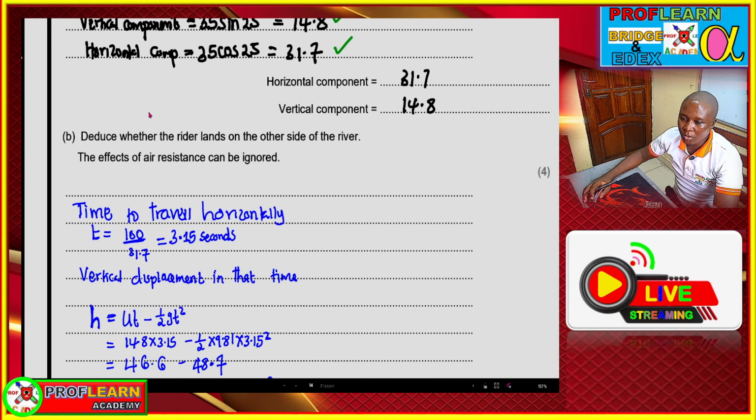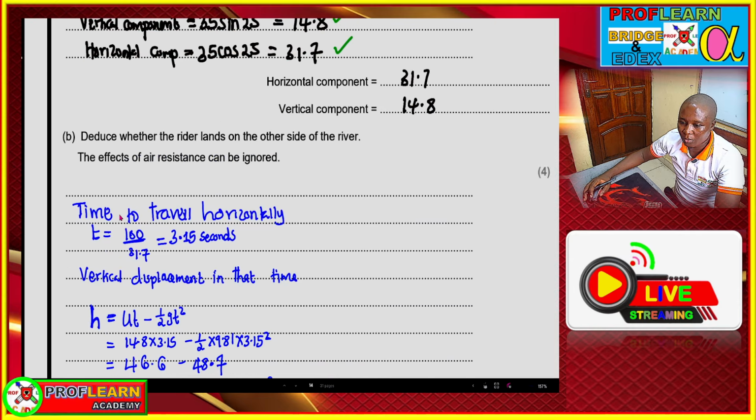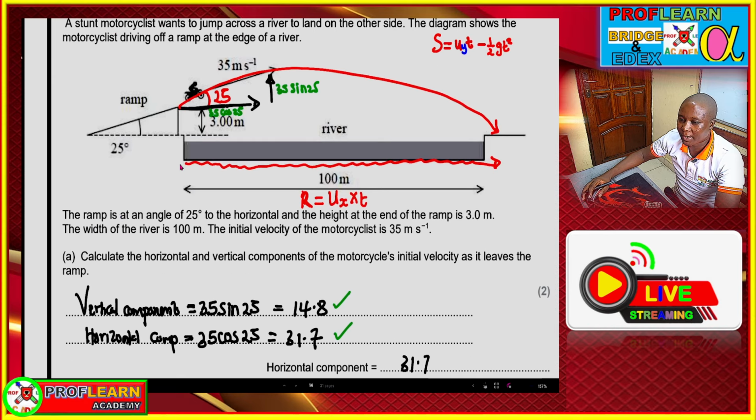So, deduce whether the rider lands on the other side of the river, and we are going to ignore the effect of air resistance. The first thing that we need to do is to know the time taken. We can use the distance that we have here and the velocity in the horizontal component to know how long this person is going to take to cover this distance.